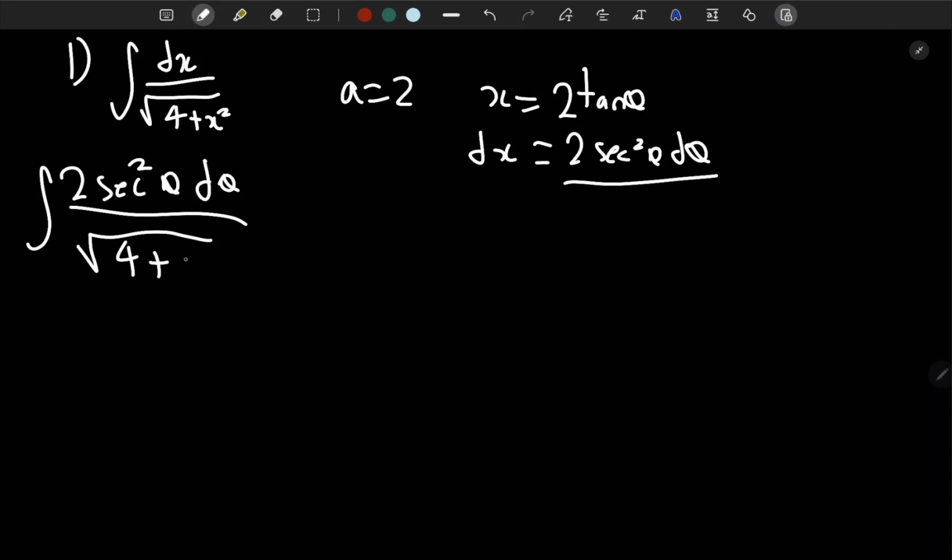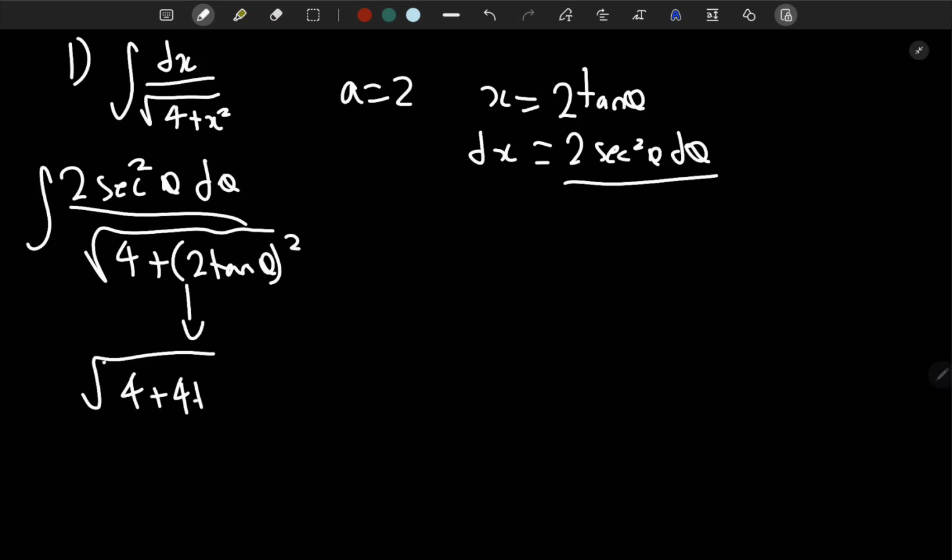So let's replace x with 2 tan delta, squared. Don't forget the square. I know that my handwriting is not that clear, but this is now what we have. So now let's simplify this radical over here and distribute the square. So now it will be equal to radical of 4 plus 4 tan squared delta, right?